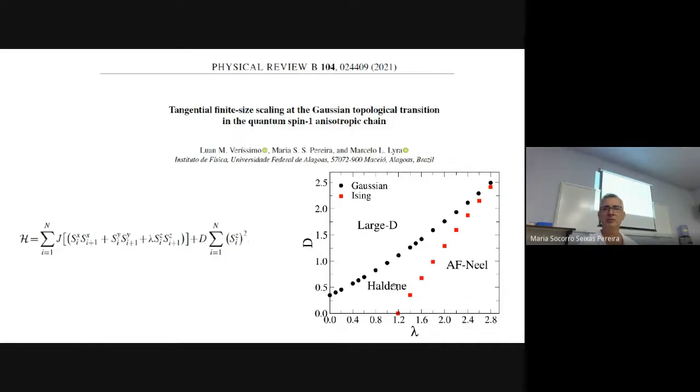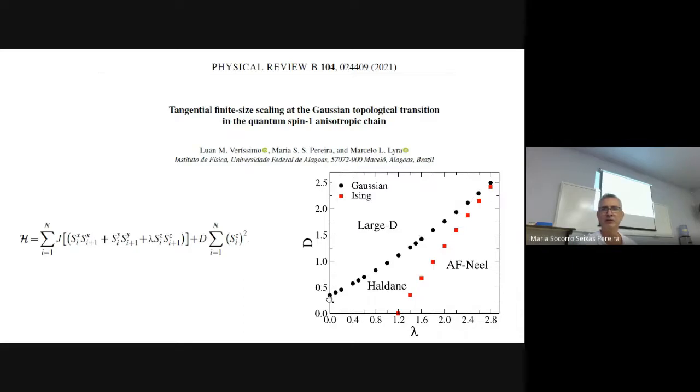The transition between the Haldane and large D phase is Gaussian. So this model has a line of Gaussian phase transitions, and this was very interesting for us to show how this finite size scaling shall be implemented in these Gaussian transitions, and also to test the possible non-universality of these Gaussian points.